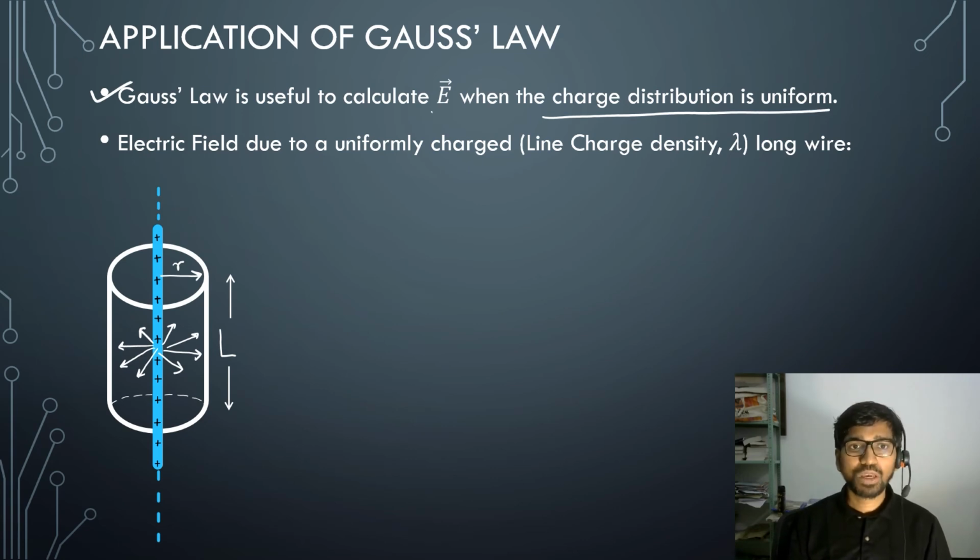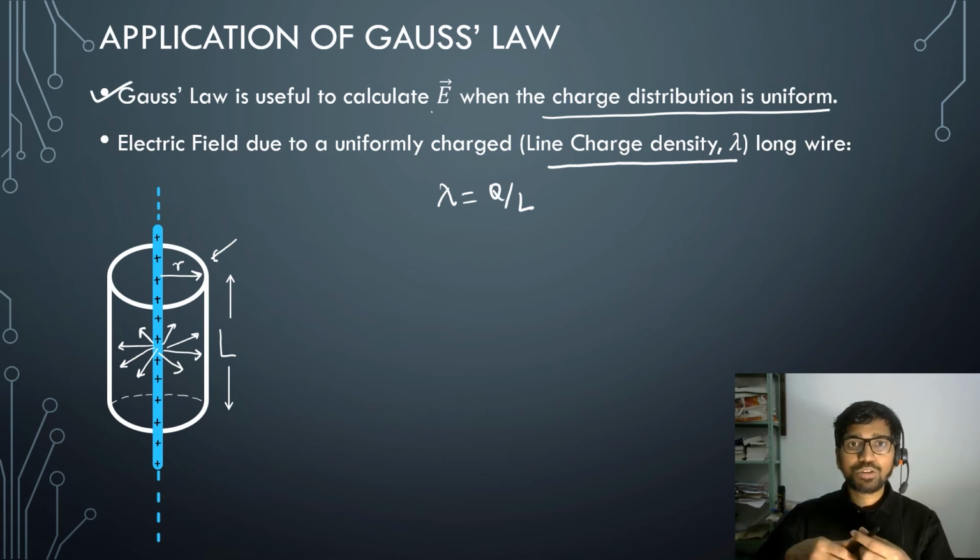For example, we will calculate electric field due to a uniformly charged infinitely long straight wire, and the line charge density lambda, which is charge per unit length, is given. Okay, how will I do that? I will take a cylindrical Gaussian surface because the symmetry is cylindrical and the electric field due to this infinitely long straight wire will be radially outward.